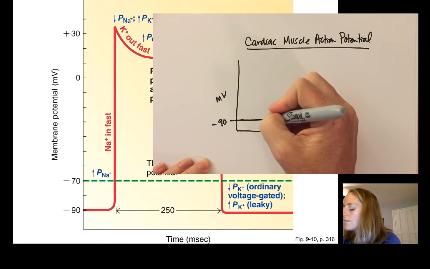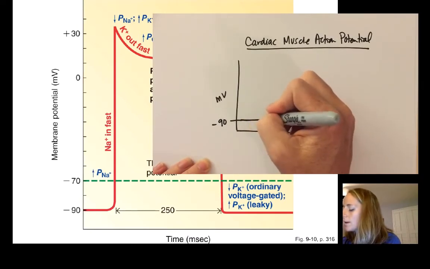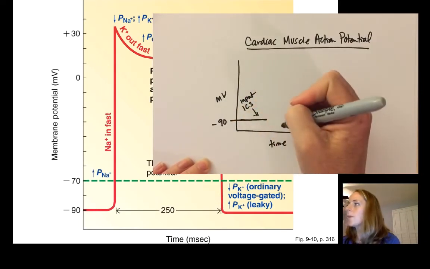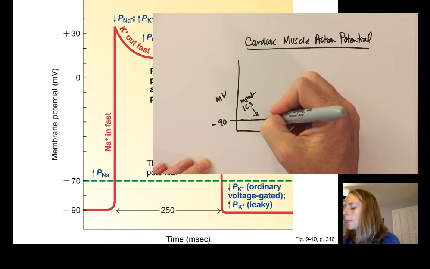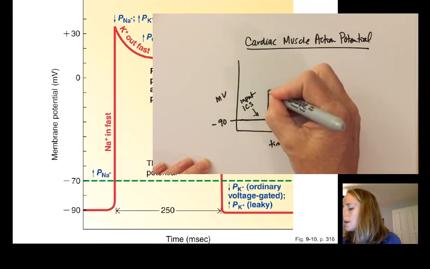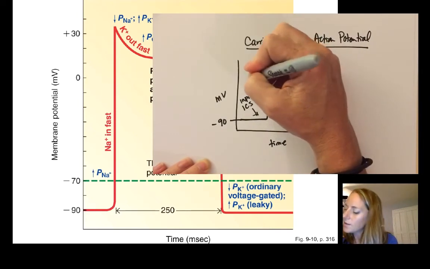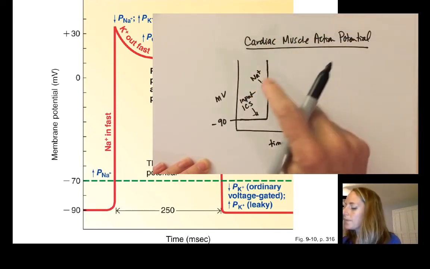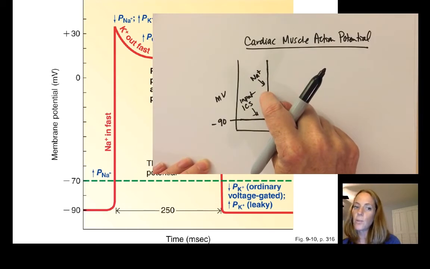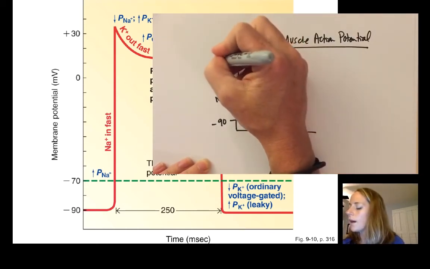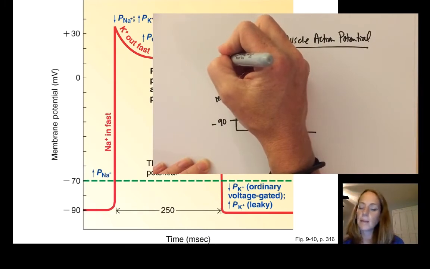As soon as they get an input, for example, SA node input, you're going to get an immediate and very fast depolarization. This is due to voltage-gated sodium channels opening and sodium entering very fast, and they're going to go all the way up to approximately plus 30.